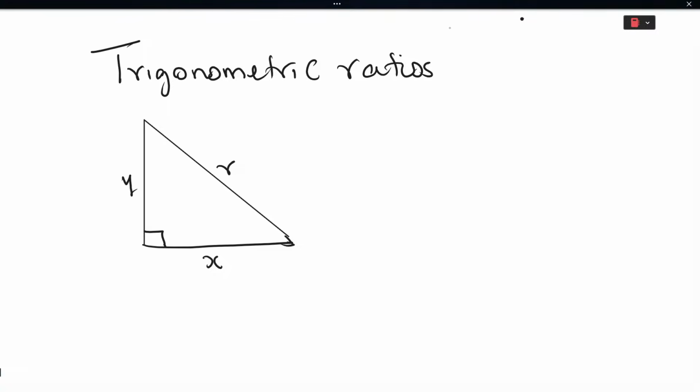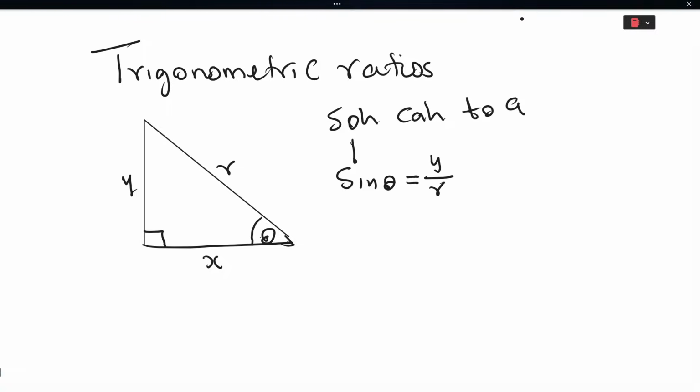Let's say this is theta. Learners talk about SOH CAH TOA: sine theta is equal to opposite over hypotenuse.